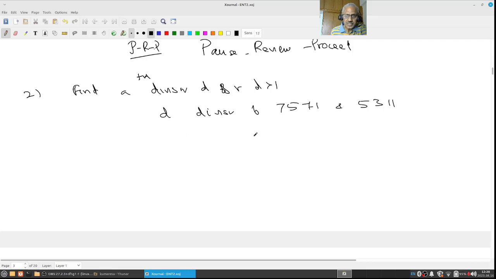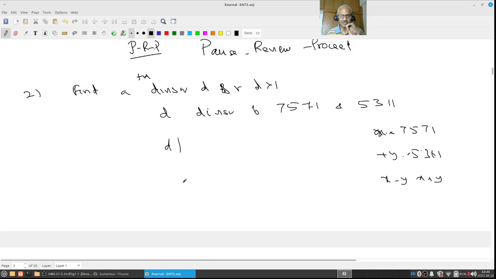If d is a divisor of both, then I know d must divide any linear combination, that is x times 7571 plus y times 5311. But an easier thing is, I know it should divide the sum and the difference, and it's easier to find a divisor of a smaller number.